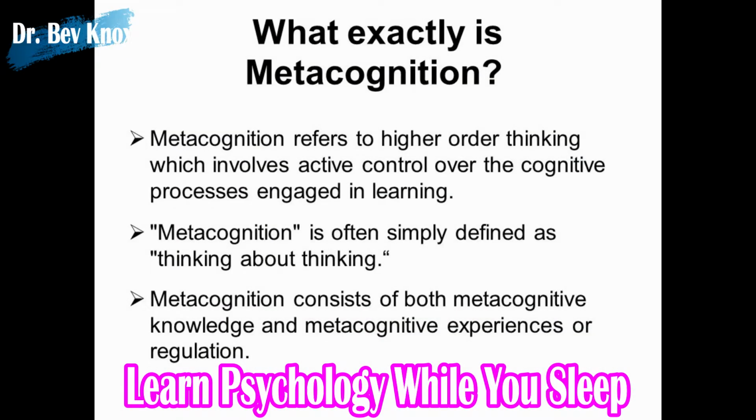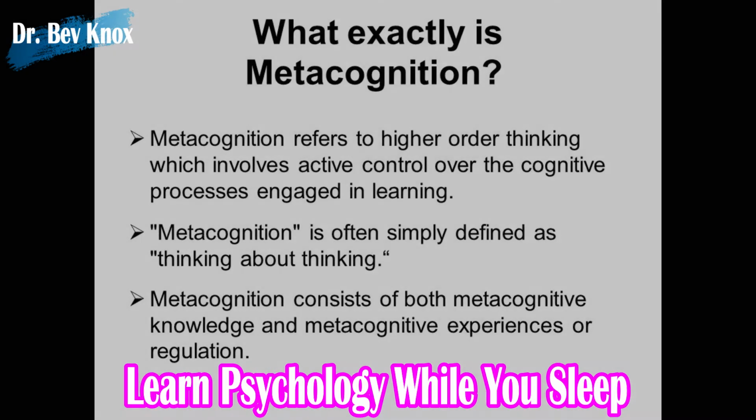What is metacognition? Metacognition is cognition about cognition, or knowing about knowledge. The child's theory of mind refers to a child's awareness of his or her own mental processes and the mental processes of others.